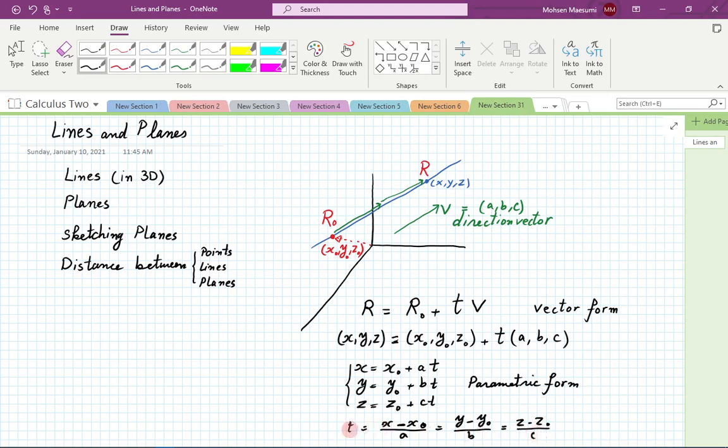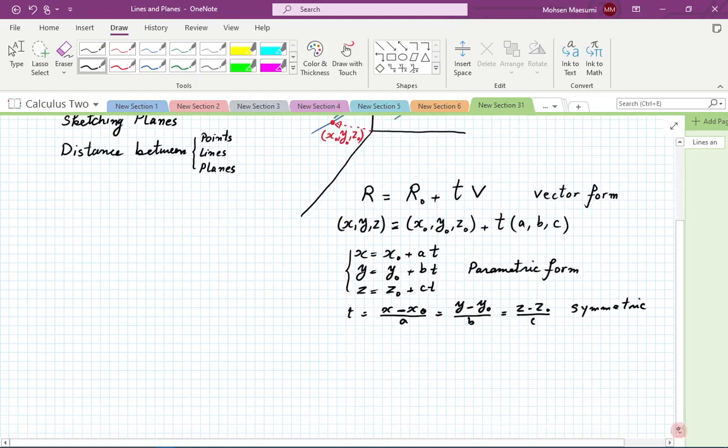And in that case, typically they drop the letter t. I mean, it's up to you if you want to drop it or not, and that's called the symmetric form. So symmetric form of this equation is given like that.